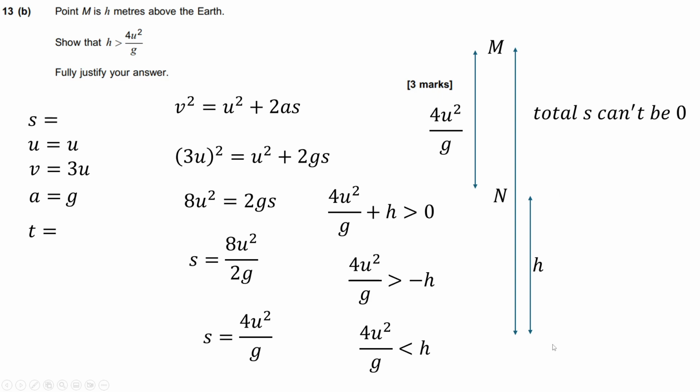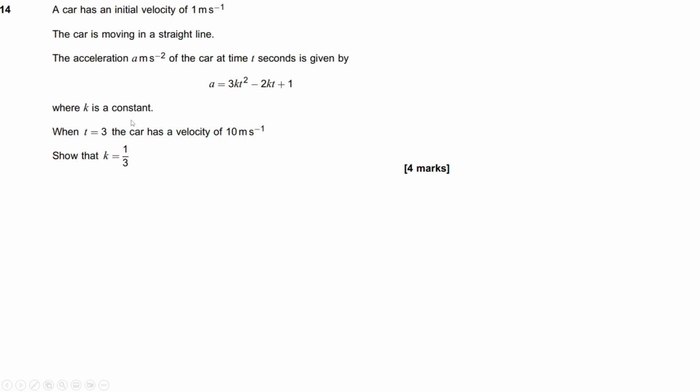So this h would actually be a minus h, and we'd have 4u squared over g minus h is greater than 0. Then bring it to the other side to say 4u squared over g is greater than h, and if you multiply by -1 and say that because they're displacements, we'll take them both as positive, you'd get a more justified answer, but either way, it's all the same. Anyways, let's get back to this.